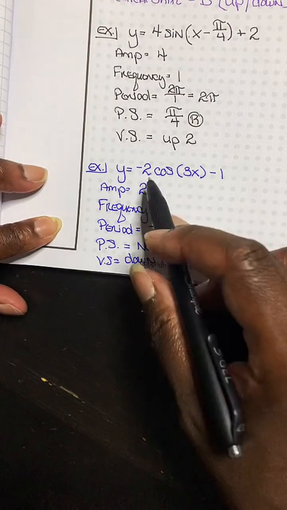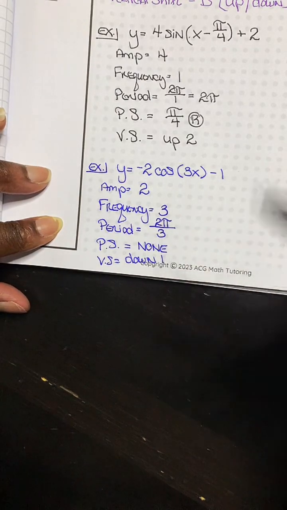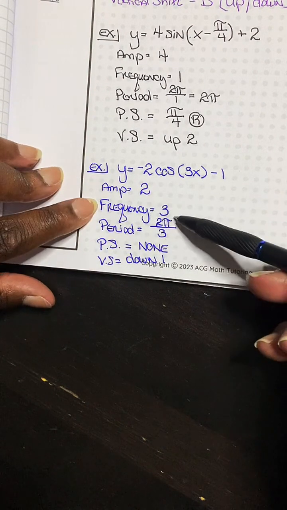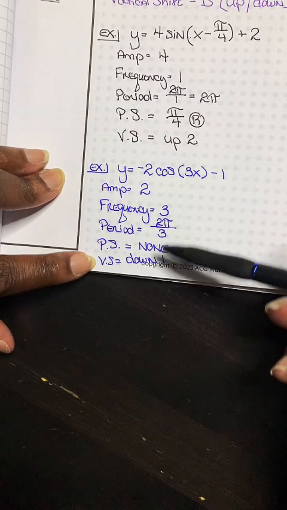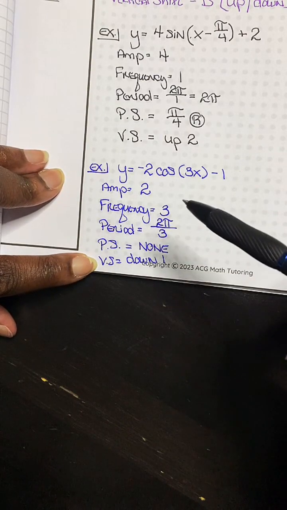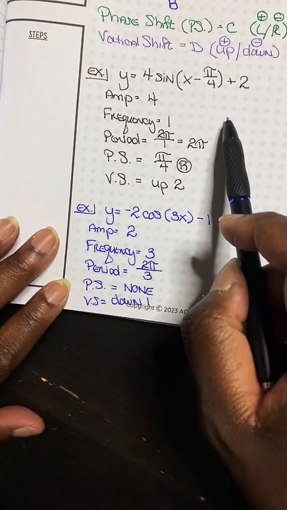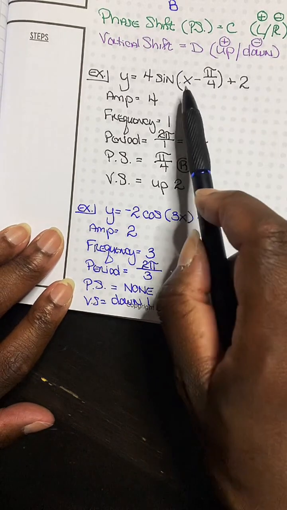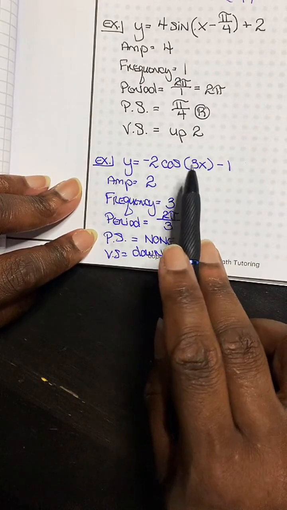So once you have a good idea of what's representing what, you'll be able to pick up on how to basically figure out your amplitude, your frequency, your period, if you do have a phase shift, and then your vertical shift. But here's the thing. What happens if our B, because right now this one wasn't hard because we just had 3x.